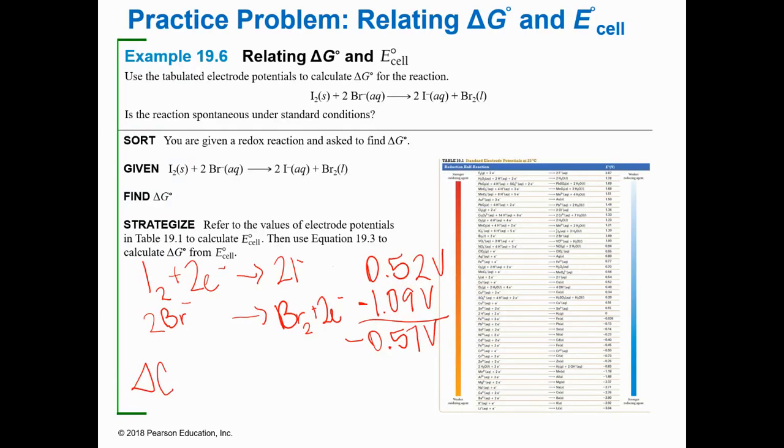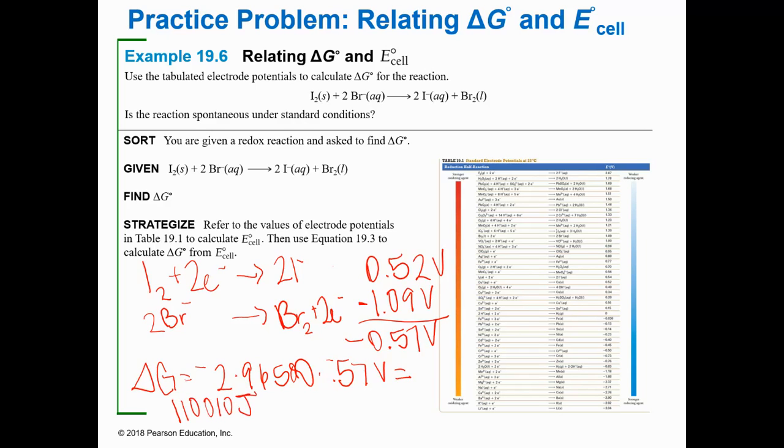But it didn't only want that, it also wanted delta G. So delta G is equal to negative 2, that's n, times 96,500 times negative 0.57. And I get 110,010.